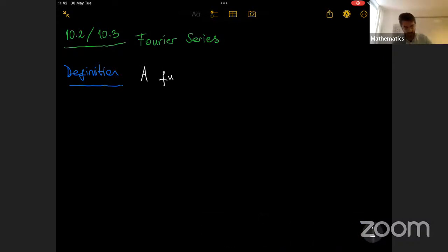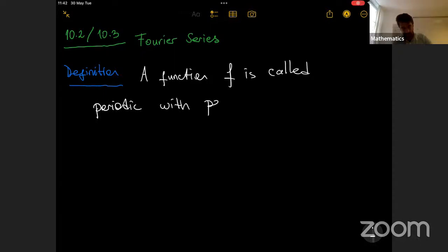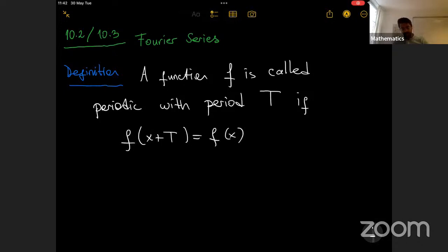It's defined by the following: a function f is called periodic with a period T if f of x plus T is equal to f of x for all x in the domain of f.